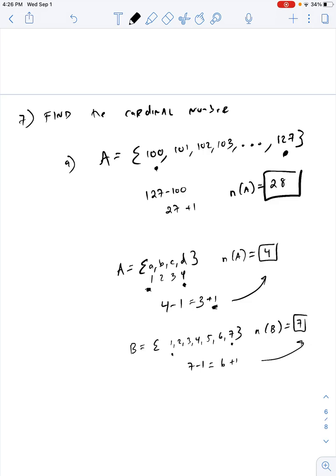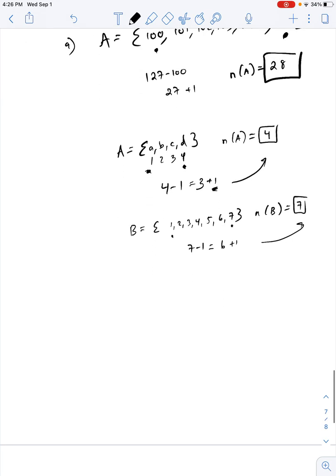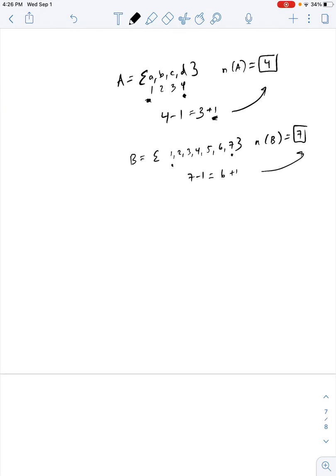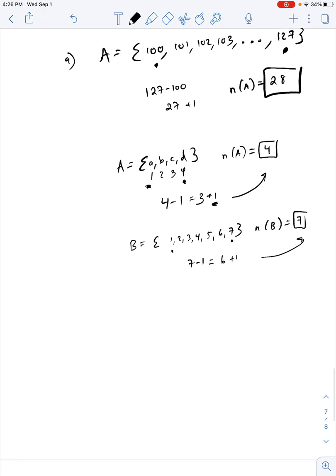All right, let's take a look at one more example, B. Right, what if I told you now that we're just working with evens, right? How about this example?